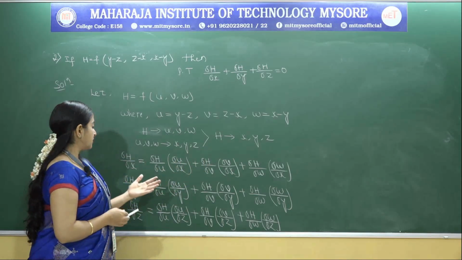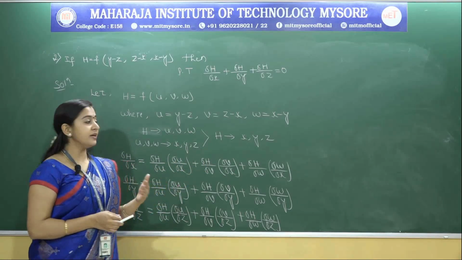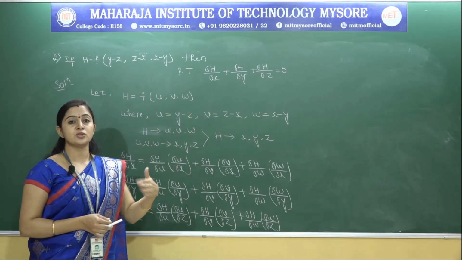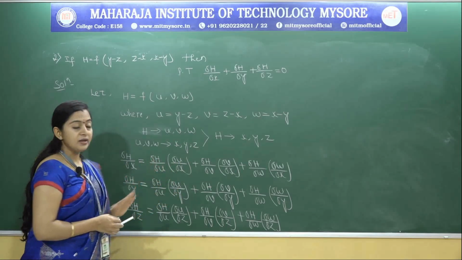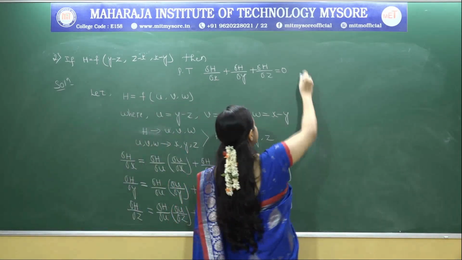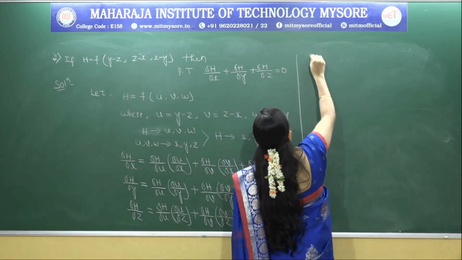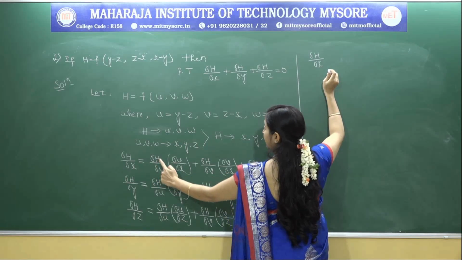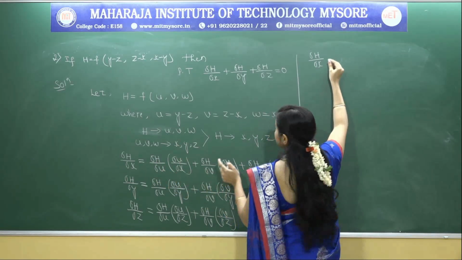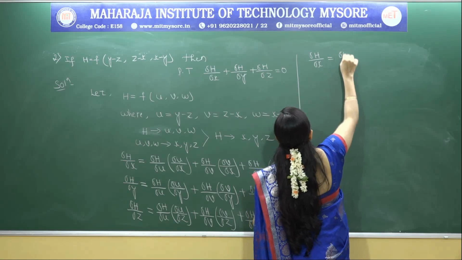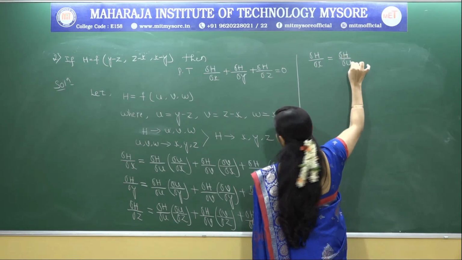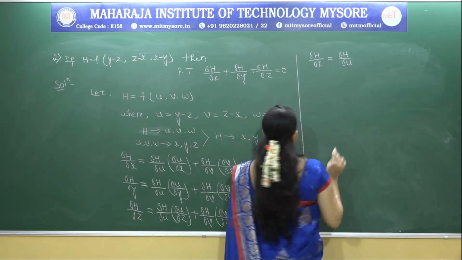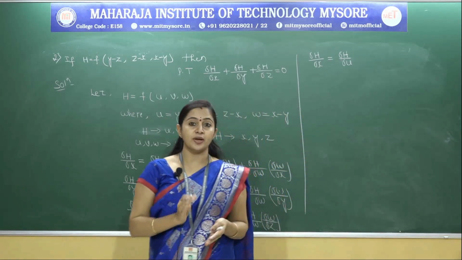Now you solve this by taking the partial differentiation of u, v and w with respect to x, y and z. So the first part, I consider del h divided by del x. So del h by del x is del h by del u into del u with respect to x.